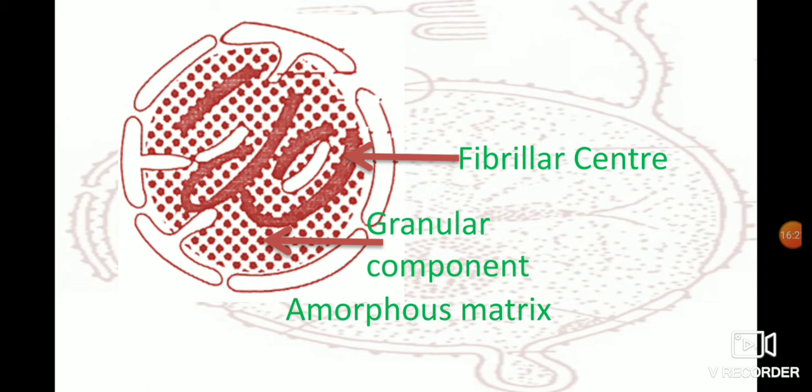This is the proteinaceous ground substance in which the granules and fibrils remain suspended. So this is the structure of the nucleolus, which consists of the fibrillar center, the granular component and amorphous matrix. So nucleoli are mainly involved in the synthesis of the ribosomes.